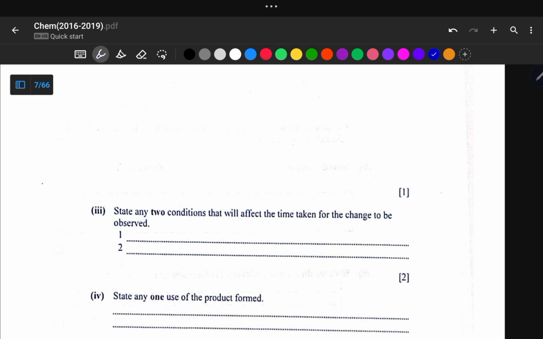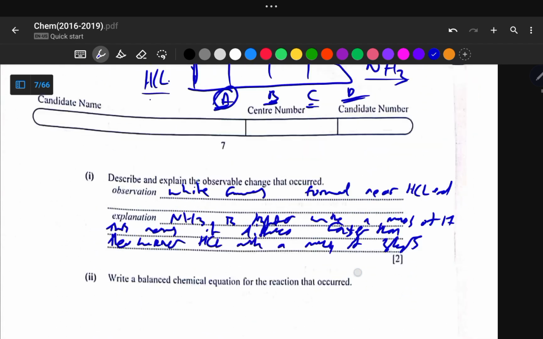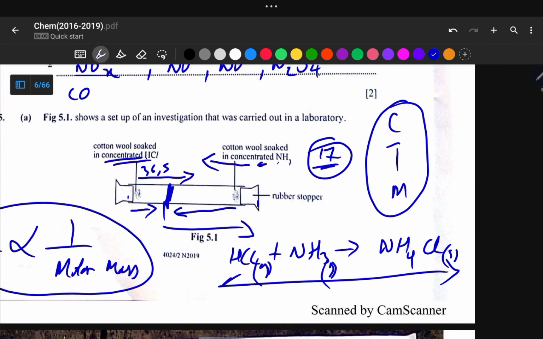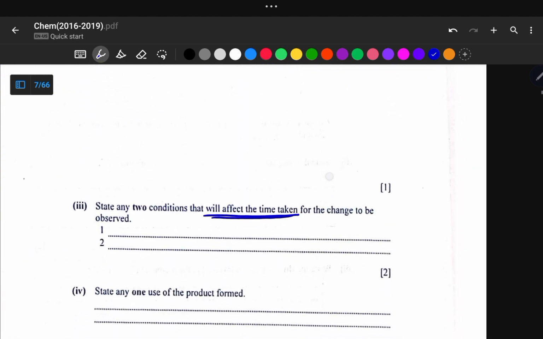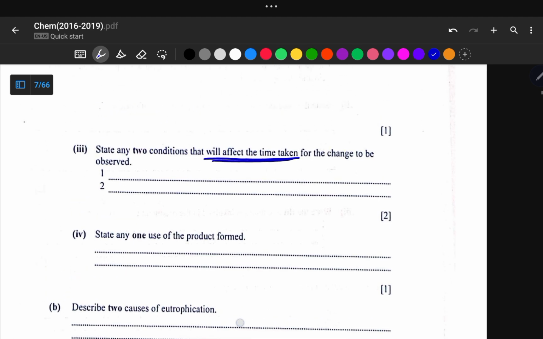And then the next part is state any two conditions that will affect the time taken for the change to be observed. So time taken, this is the rate of reaction. I've said the rate of reaction is governed by three terms: concentration, temperature, and the mass. So this is what you should provide for your answer.